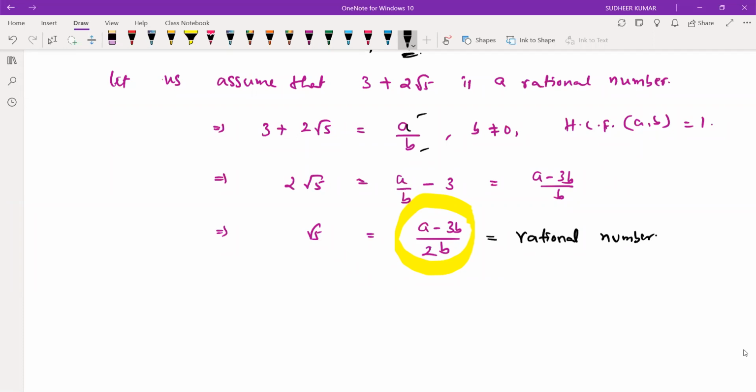When this is a rational number, root 5 is also a rational number. Isn't it? Do you understand it, ma'am? Sir, how is that a rational number, sir?